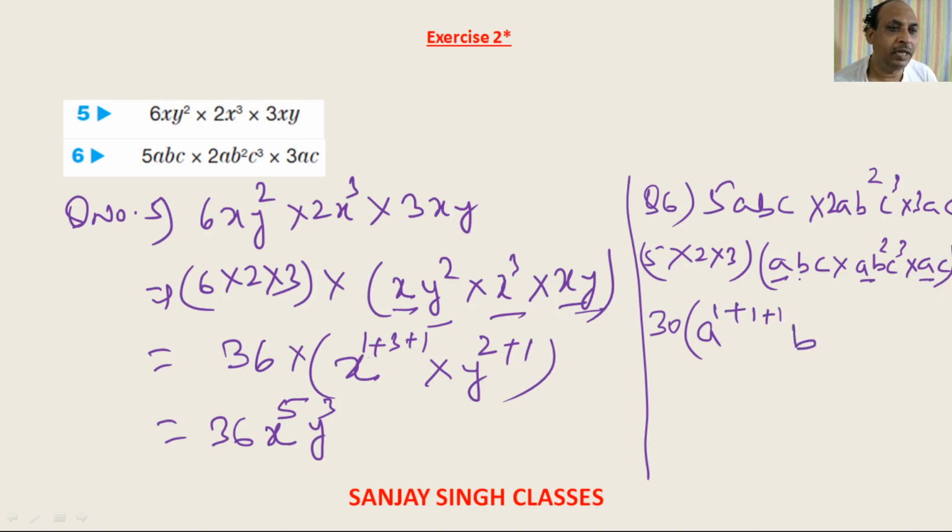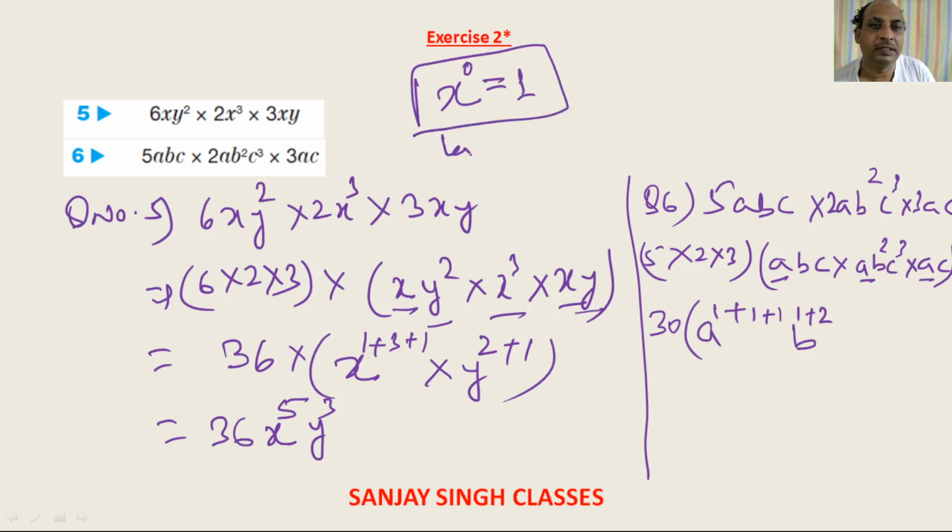Similarly for b, here 1 plus 2, and here no b is there, so it means b to the power 0. b to the power 0 is equal to 1. Anything to the power 0 is equal to 1. Let me tell you, anything to the power 0 is equal to 1. So this is the law of indices. Okay, so b 1 plus 2, then c 1 plus 3 plus 1.